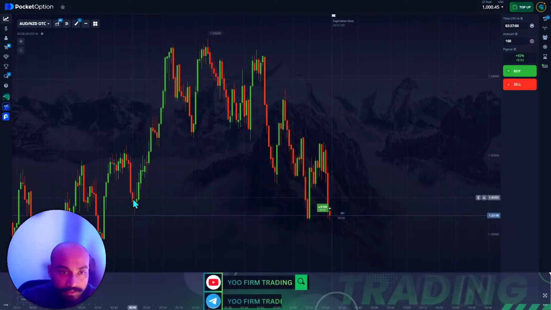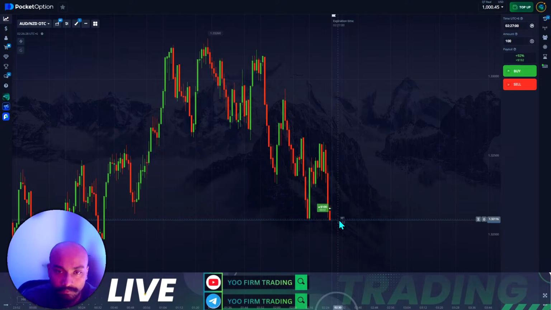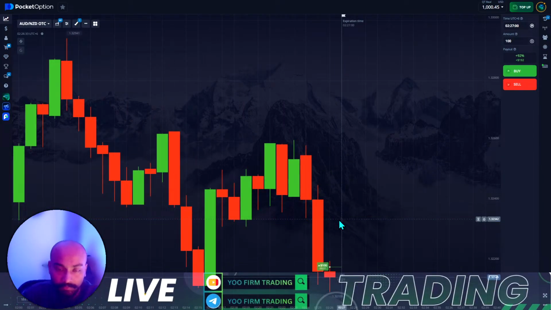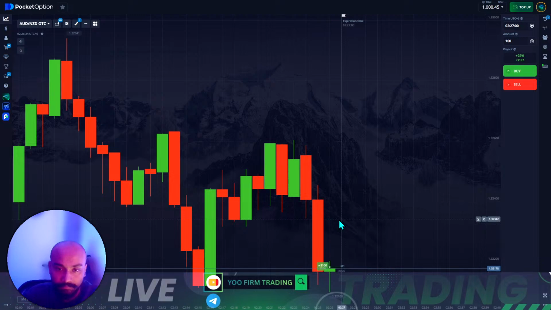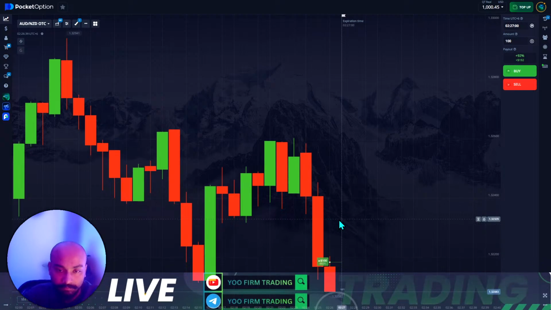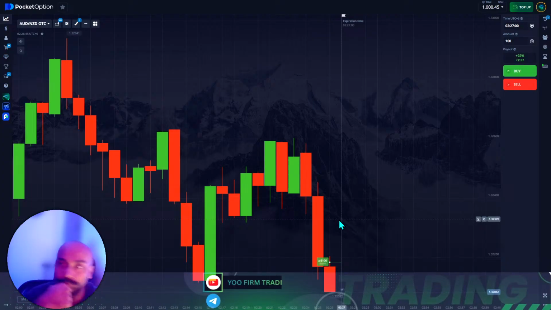Here the buyer zone started, all the way from the old area, right? It's getting power from above and then pushing it down.